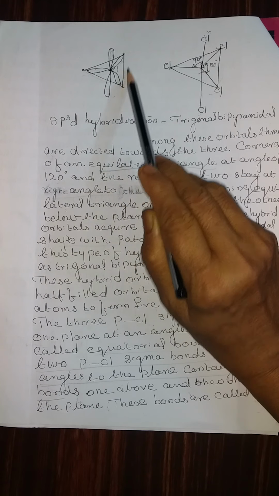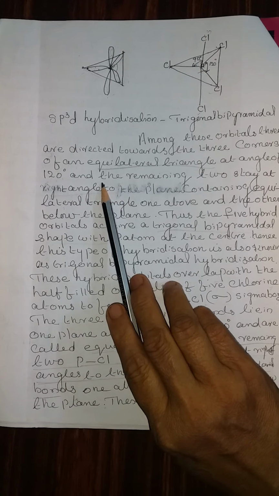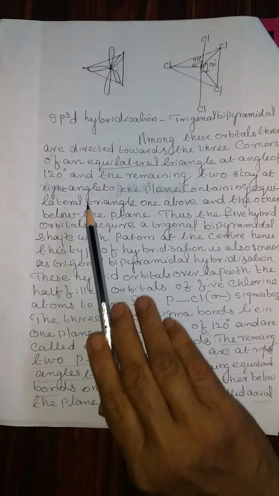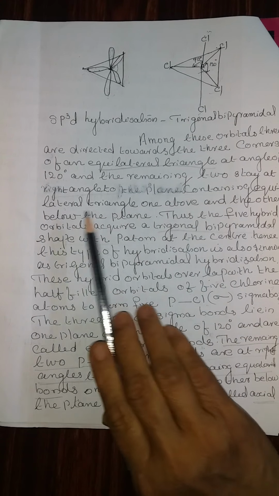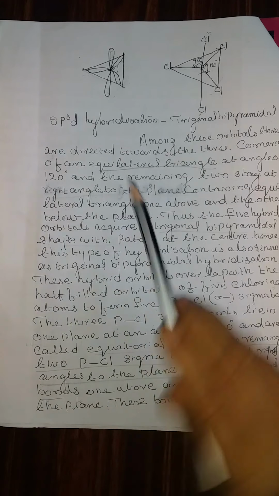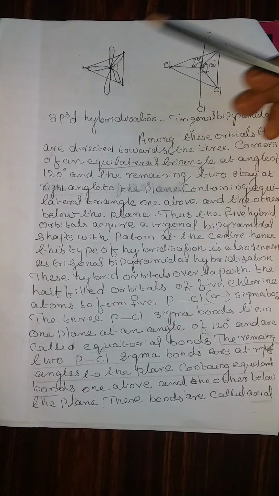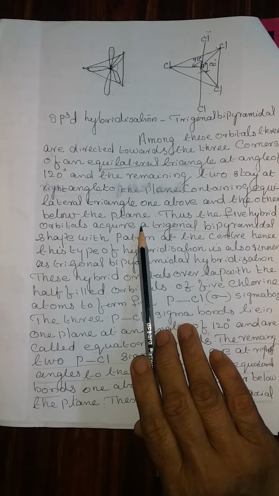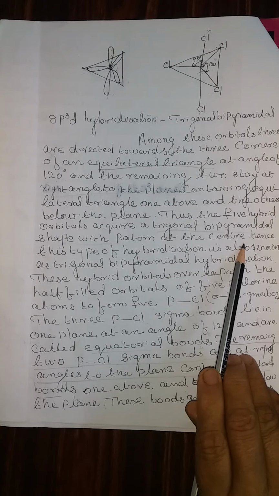And the remaining 2 stay at right angles to the plane containing the equilateral triangle, one above and the other below the plane. Thus, the 5 hybrid orbitals acquire trigonal bipyramidal shape with the phosphorus atom at the center.